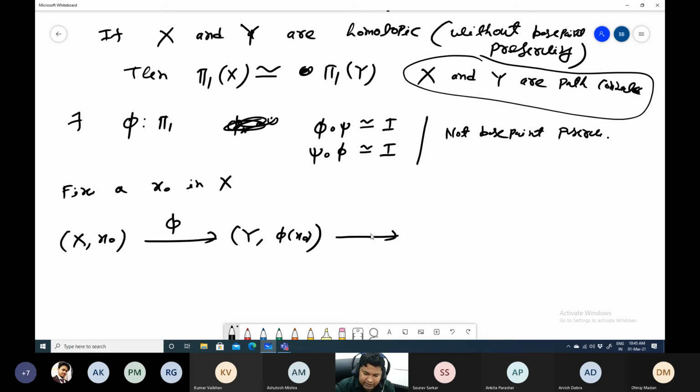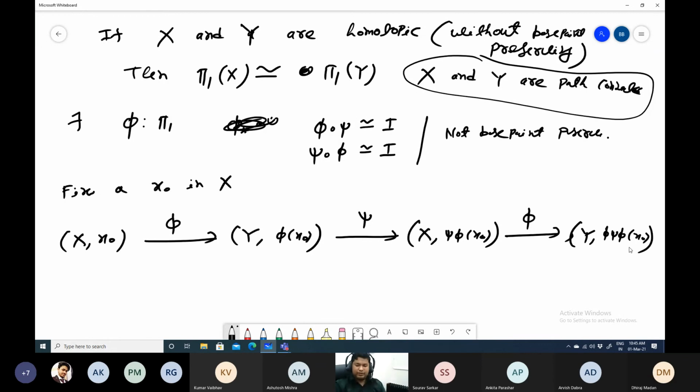Now if you take psi again, it will be (x, psi phi x0), and if you again take phi, it will be (y, phi psi phi x0). It will be this one only.